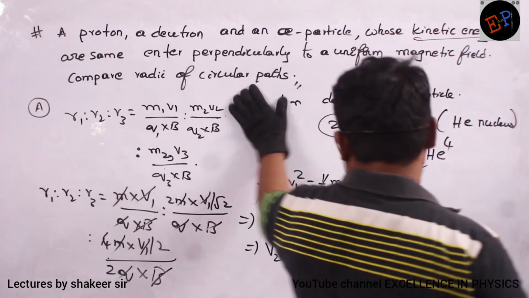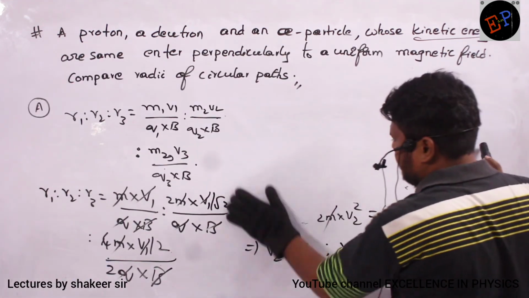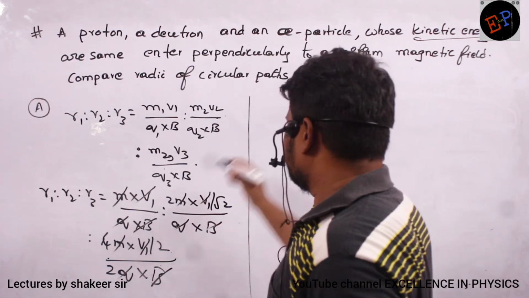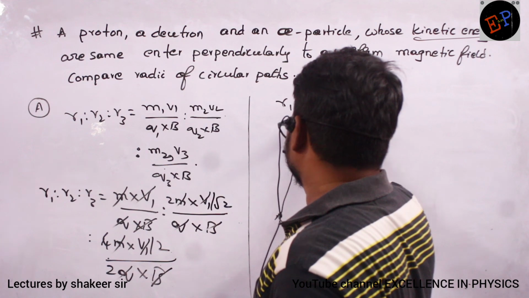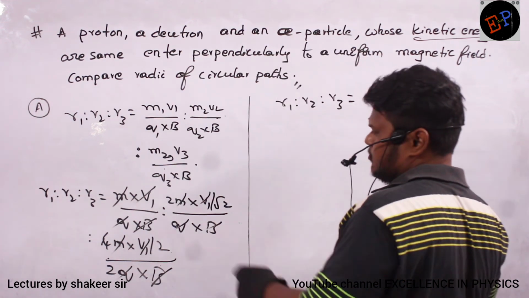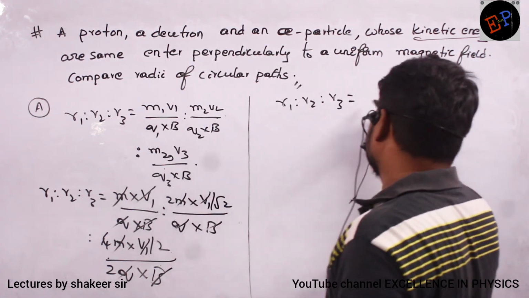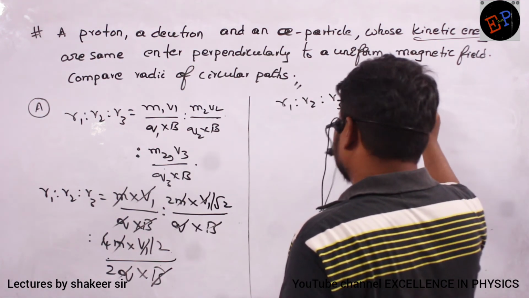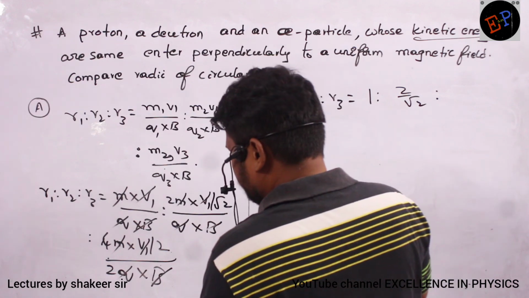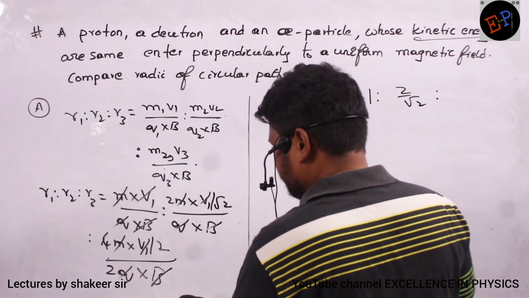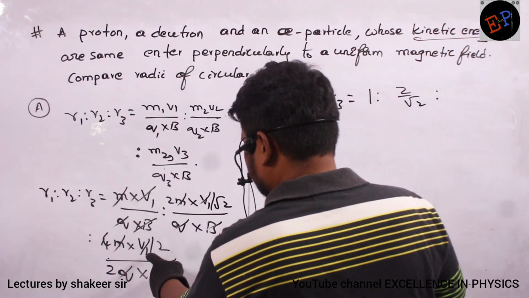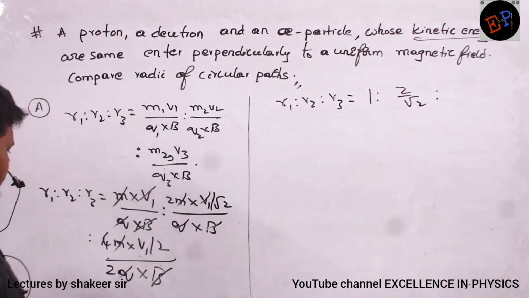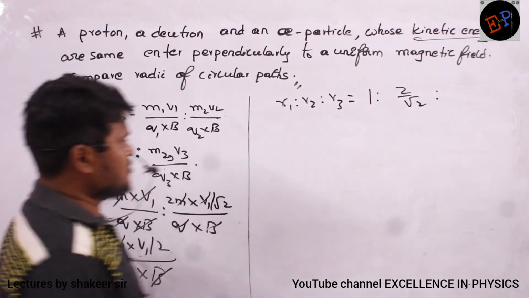So what is the ratio I will get? R1 is to R2 is to R3 is equal to, anything remaining here? Nothing. 1 is to here, 2 by root 2 is remaining, and here 4 by 4, which is 1.